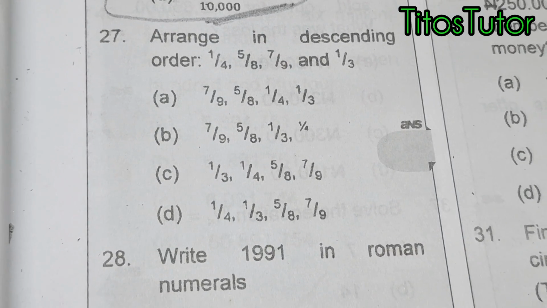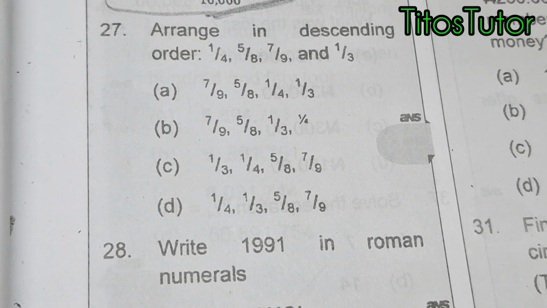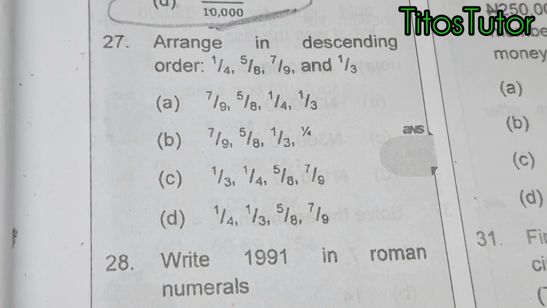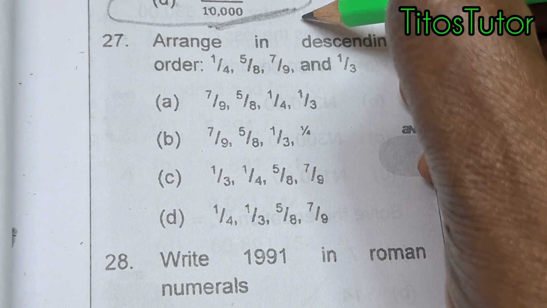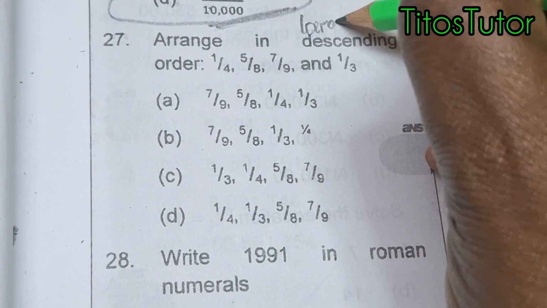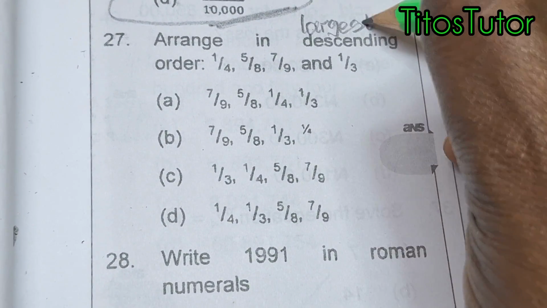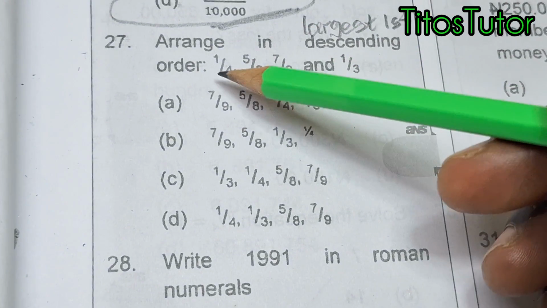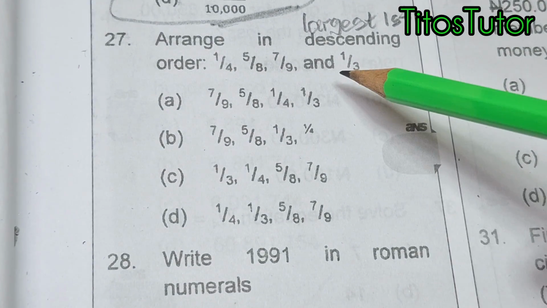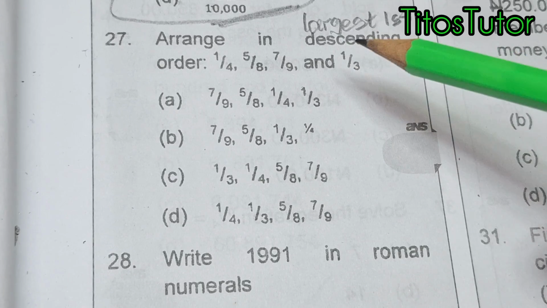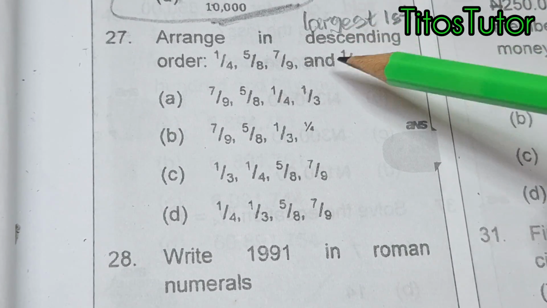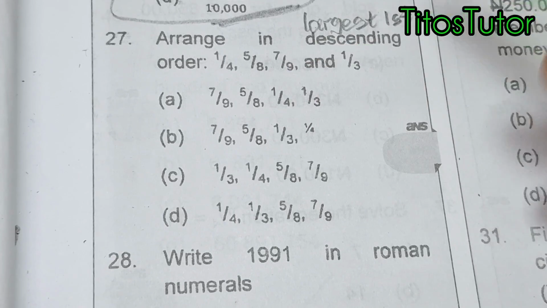Okay, so for question 27, it says we should arrange in descending order. Descending means largest first. That's the meaning of descending. And for this, all the denominators are different, so you find their LCM, so you can get equivalent fractions that have the same denominators.